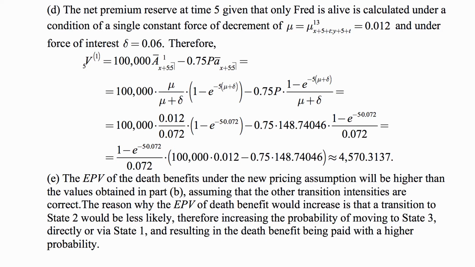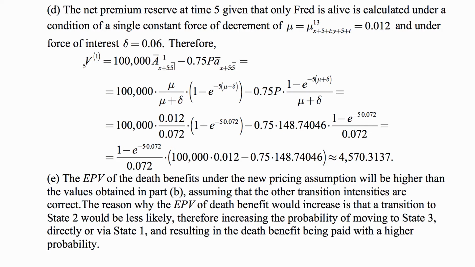And annuity is 1 over mu plus delta. In both cases, you really just have these multiplied by 1 minus pure endowment over 5 years. So we plug in all the numbers, we know them all, do the calculation and get 4,570.3137.